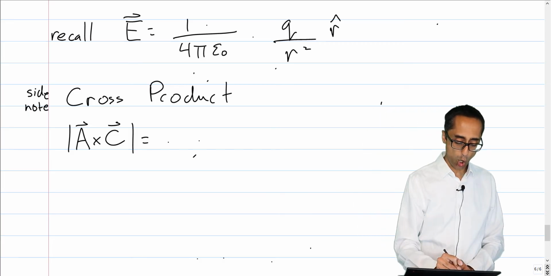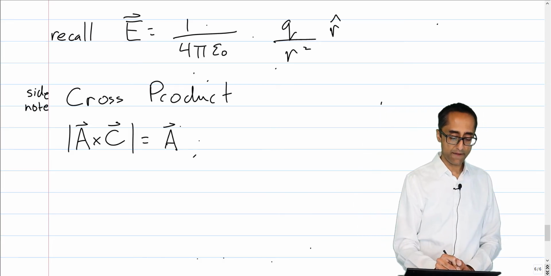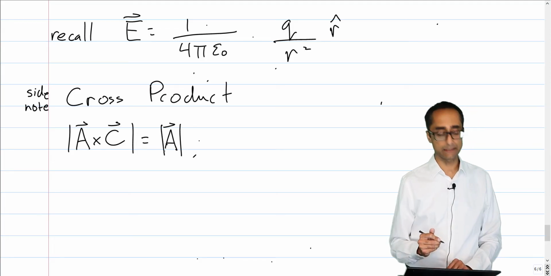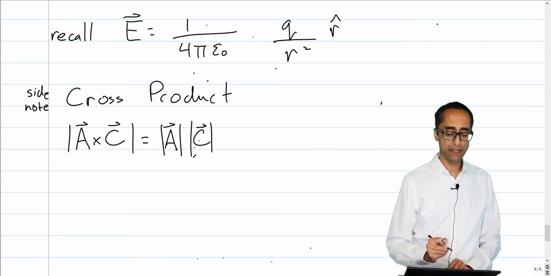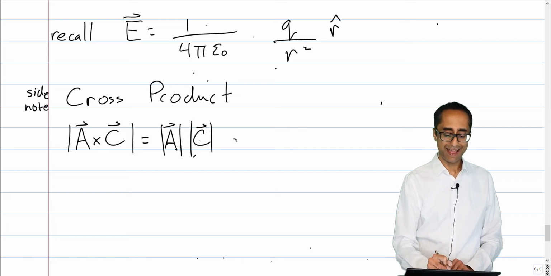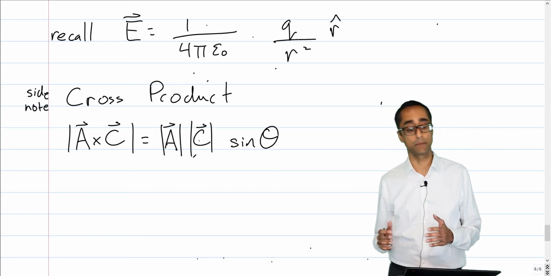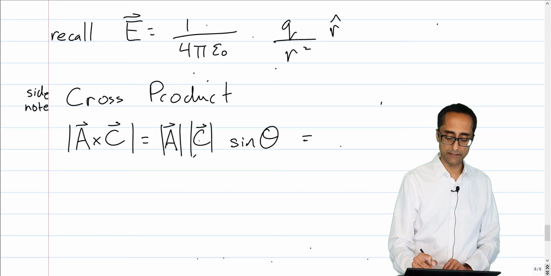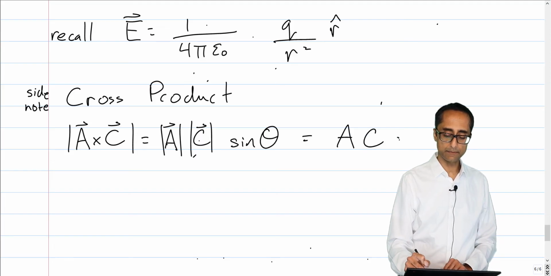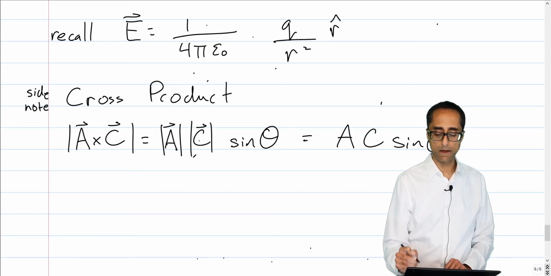But focusing just on the magnitude, I can take the magnitude of A and multiply it by my C vector magnitude, and then multiply by the sine of the angle between A and C. And so you can just write this simply as A times C times sine of theta.